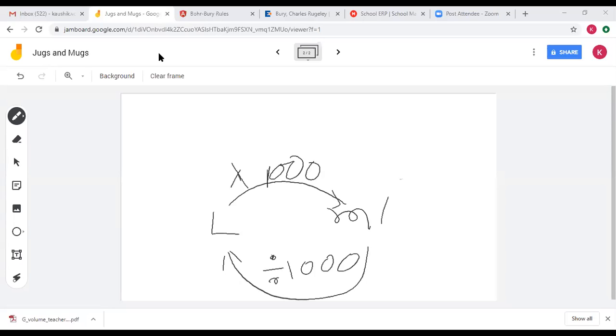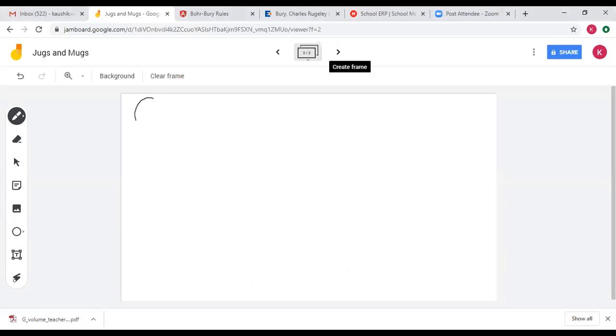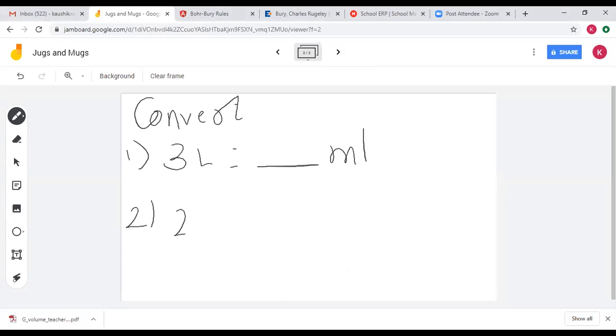Next one. So, convert. You know how to do it. First one, 3 liter into dash ml. Number two, 20,000 ml is equal to how many liter? Come on, give me your answers.